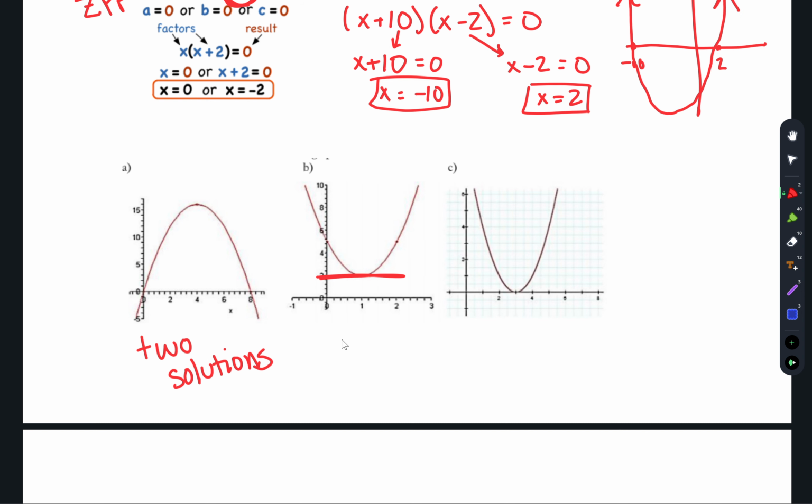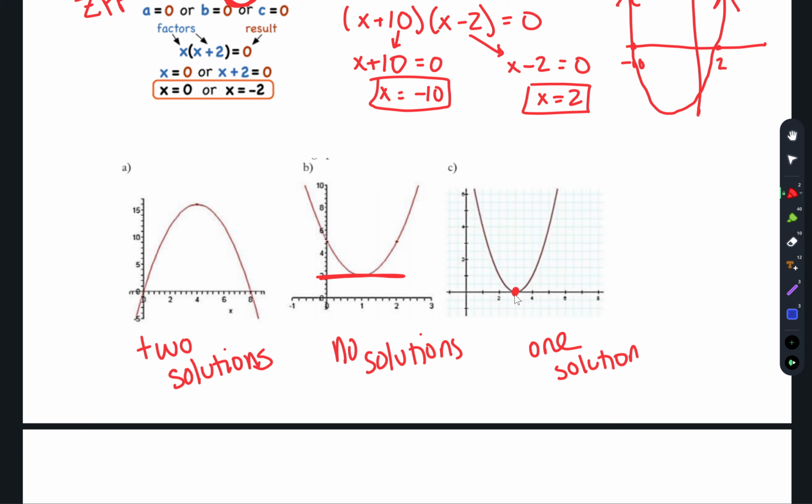In that case, we would have no solutions. The last option is if we get 1 solution, and that looks like my parabola touches my x-axis exactly 1 time at the vertex. Questions there? Flip it over.